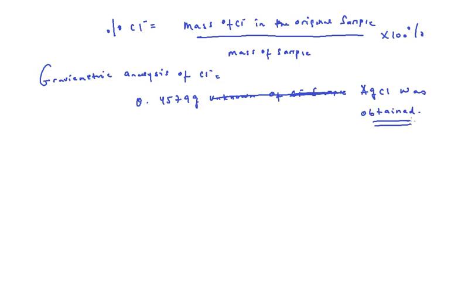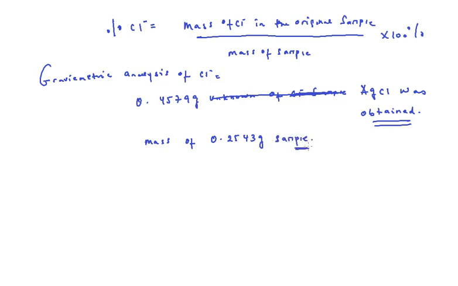That was obtained from an unknown chloride sample that has a mass of, let's say, 0.2543 grams.